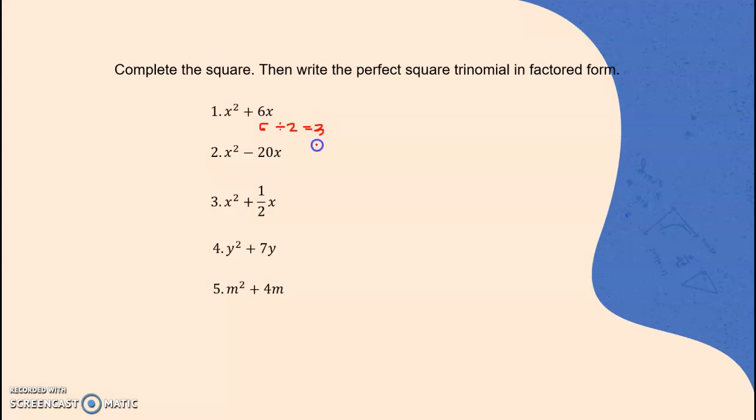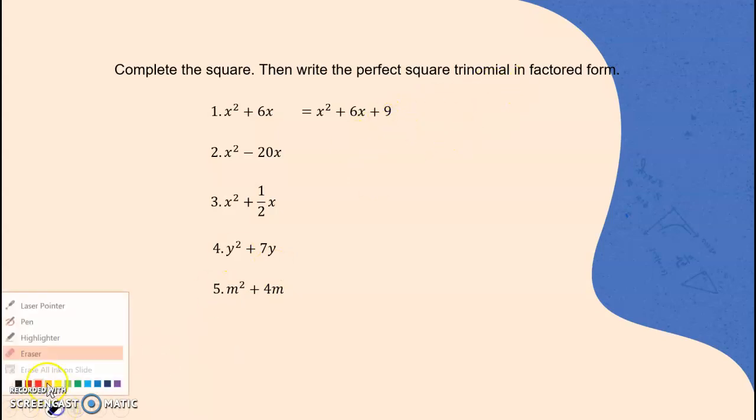And then 3 square, basically that's 9. Alright? So, yan, x squared plus 6x plus 9. Okay? Next, what is the factored form of this one this time? So yung factored form nito is x plus 3. Kasi nga yung half nito kanina, yun yung gagamitin mo, positive 3.